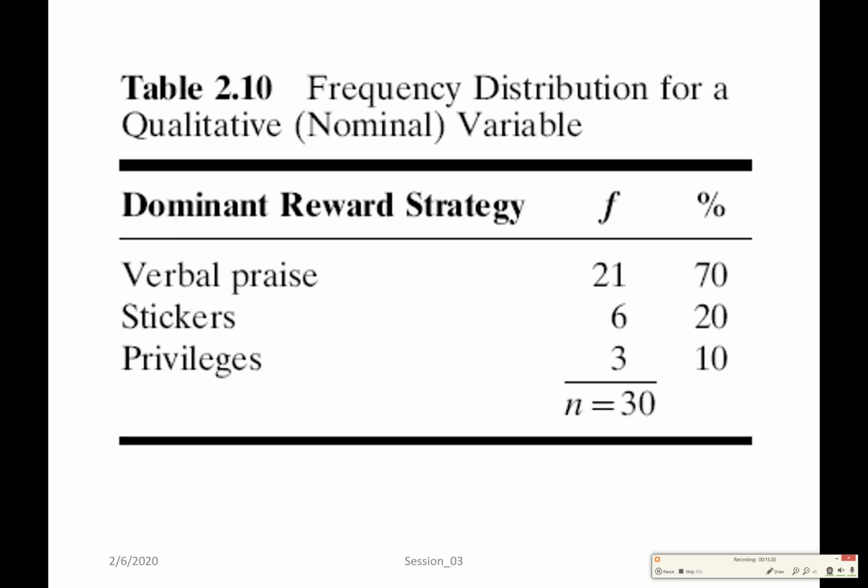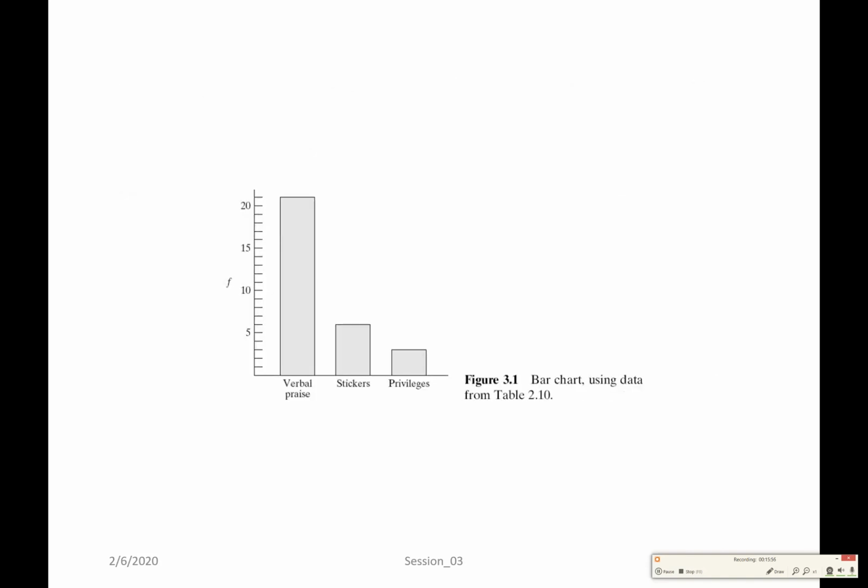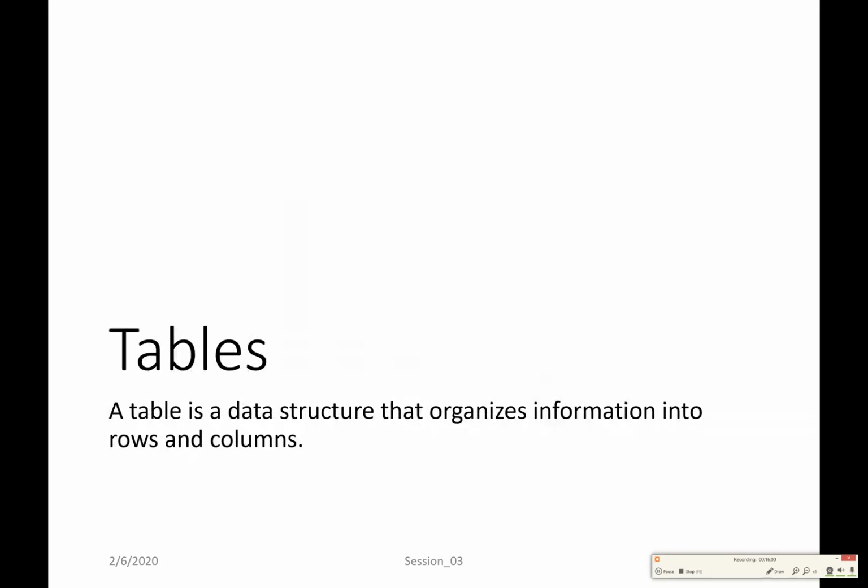So a frequency count was tabulated, and then a percentage, out of 30. You add them all together and you get 30. If you know this number and you know this number, you can create a percentage. So 21 over 30, that's 70%. 6 over 30, 20%. 3 over 30, that's 10%. And then you can create a bar graph based on that as well.